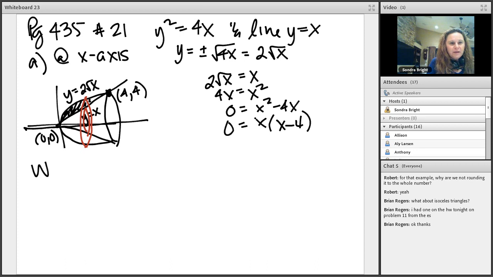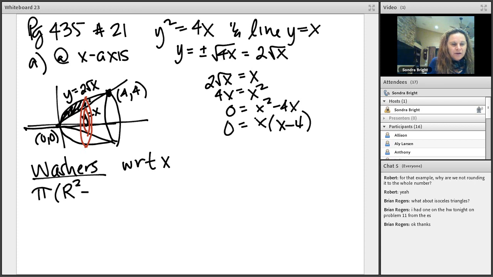For washers, it's going to be with respect to x. You want to do pi times big R squared minus little r squared.